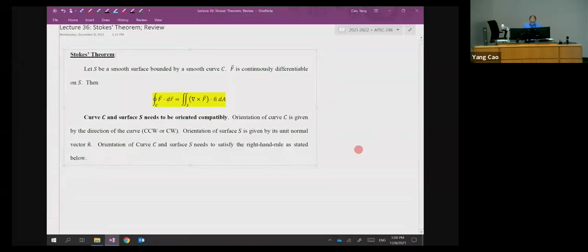Here's Stokes theorem. Let's read it together. Let S be a smooth surface bounded by a curve C. Vector field F is continuously differentiable on this surface. The formula has a vector line integral on one side and a surface integral on the other. It gives you the total circulation around the curve C. The integrand on the surface side is the circulation density.